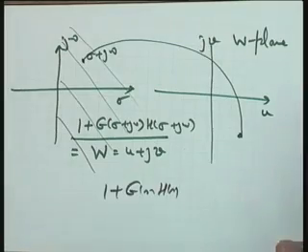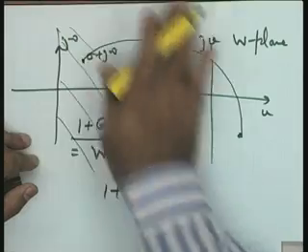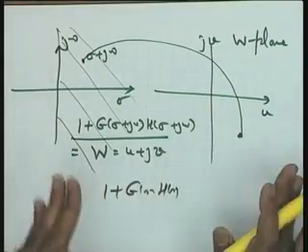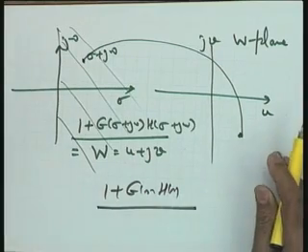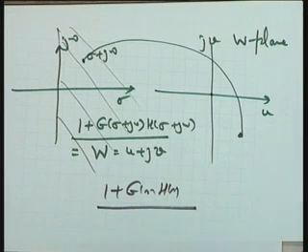Equivalently, I want to consider the imaginary axis and the right half of the S plane completely, and I want to map this onto the W plane using the function 1 plus GSHS to see whether the origin of the W plane is covered or not. If the origin of the W plane is not covered, the system is stable, and if it is covered, the system is unstable. This is the equivalent statement of what I have given earlier.